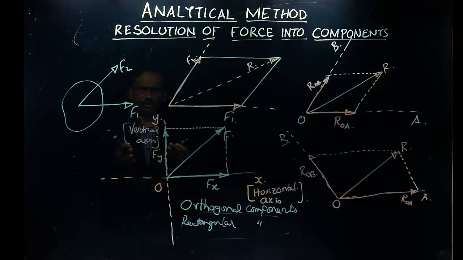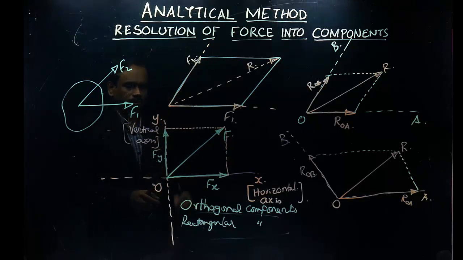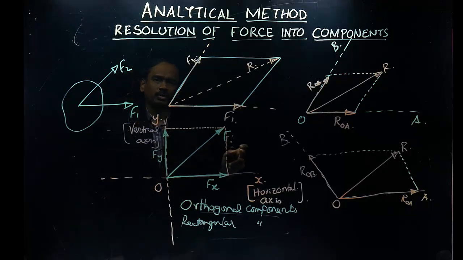Now, given a force, how do we arrive at these components? You know this is a rectangle and opposite sides will be equal. If this is Fy, this is also Fy. Now let's say the given force of magnitude F is inclined at an angle, say theta, to the x-axis.